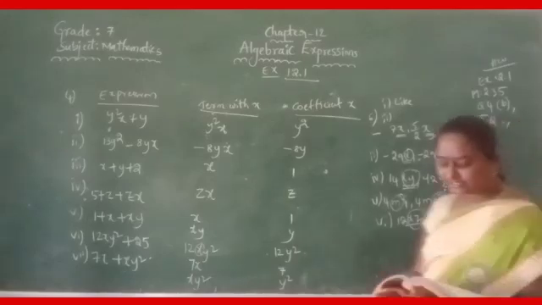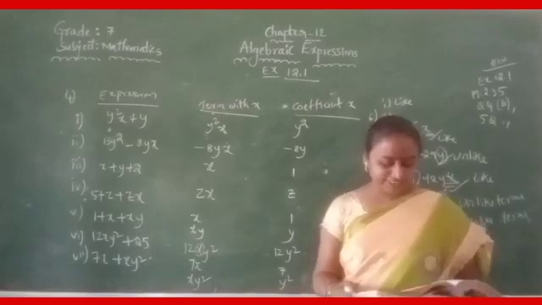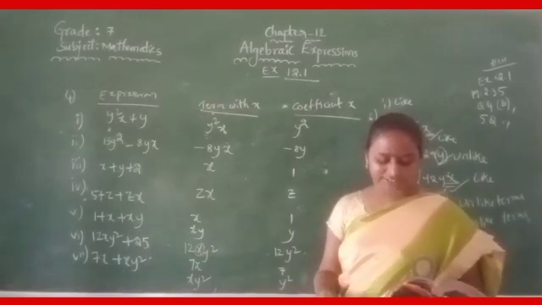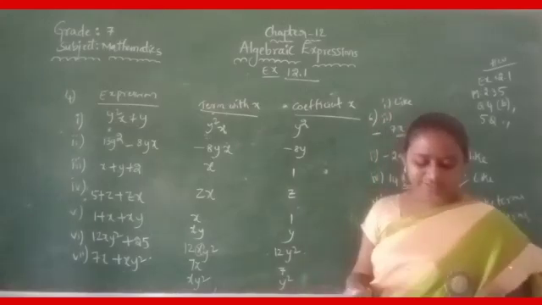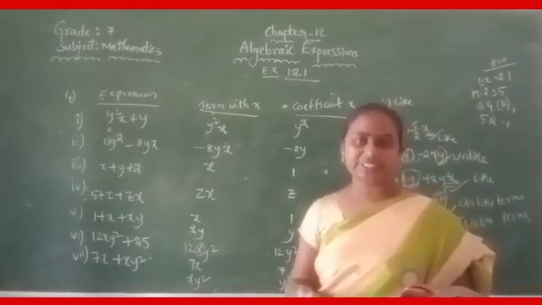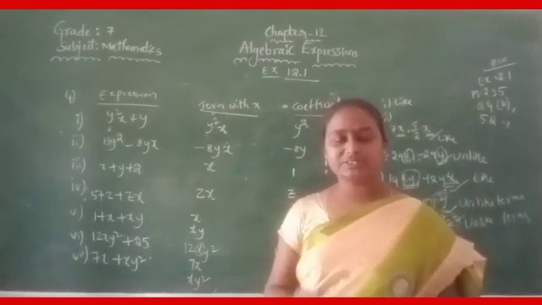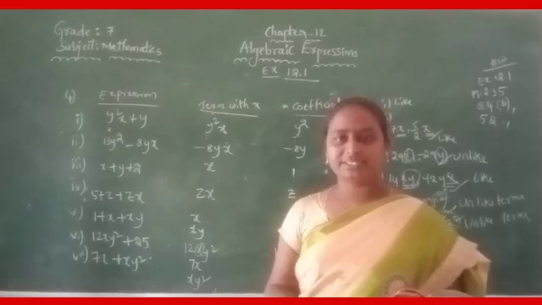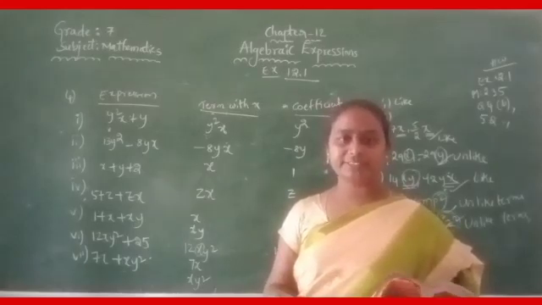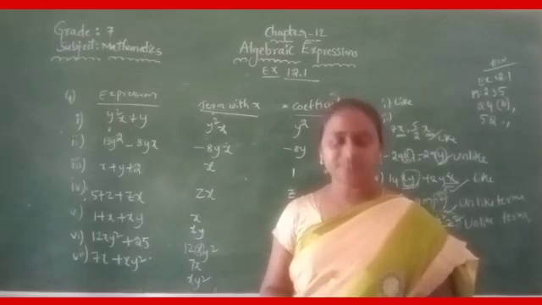Okay, children? Right. In the seventh question, identify the like terms in the following. Terms having the same algebraic factors are like terms, and different algebraic factors are unlike terms.